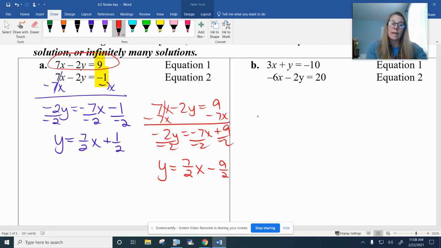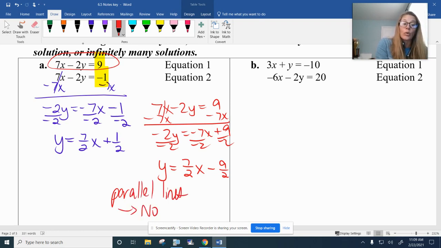My slope stayed the same because my x and my y were both the same here. So the slope stayed the same. But because the number on the other side of the equal sign was different, the y-intercepts were different. So this was an example of the parallel lines which have no solution, right? So really, once you kind of see those relationships in the equations, you don't even have to solve too much.